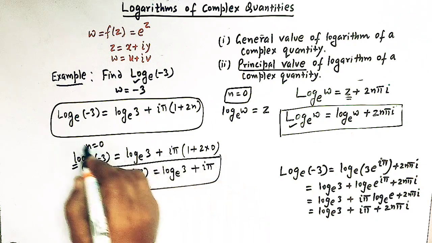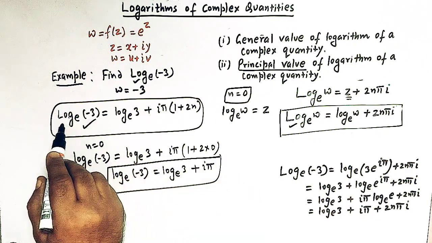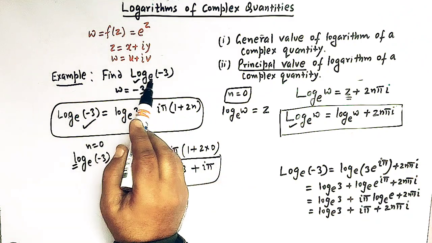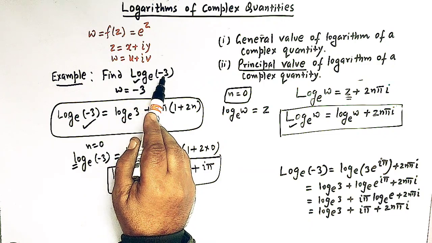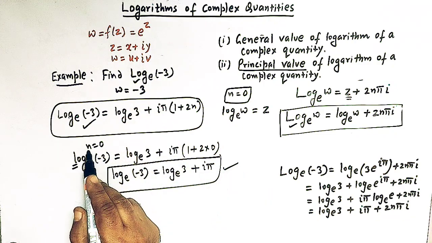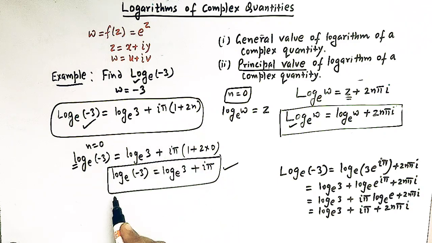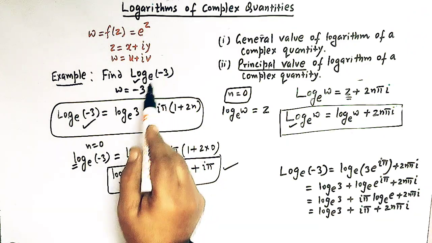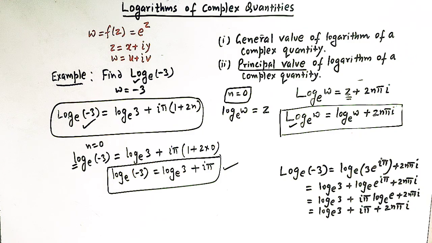So viewers, this expression gives us the general value of the logarithm of negative 3, and this expression corresponding to n equal to 0 gives us the principal value of negative 3.